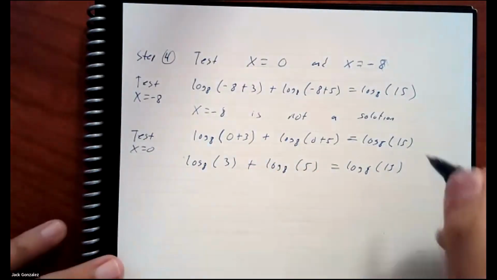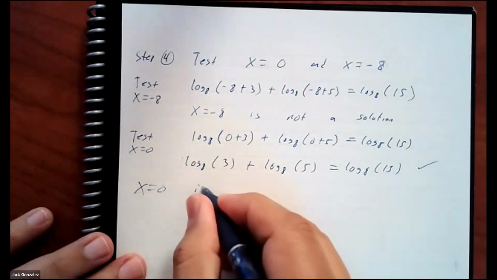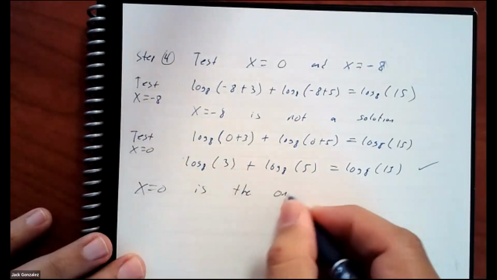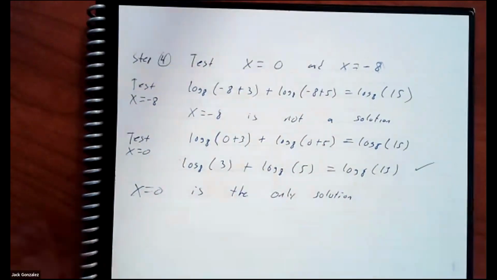We're good. So on the homework, you would only type in 0. On the exam, I'd want to see your work and your steps.